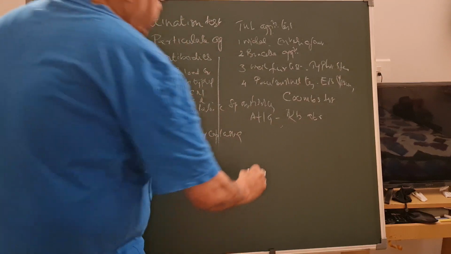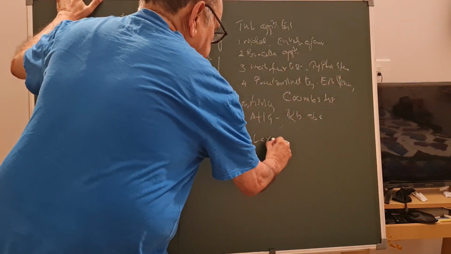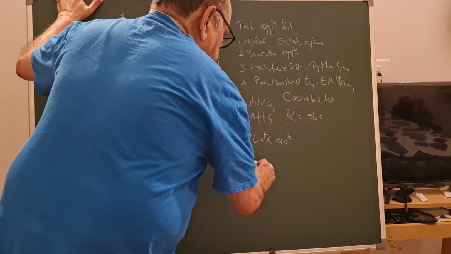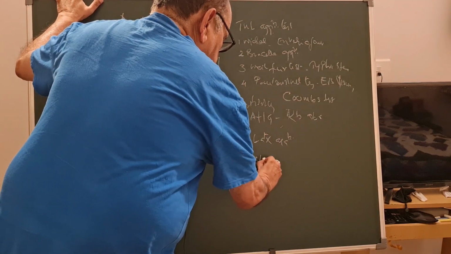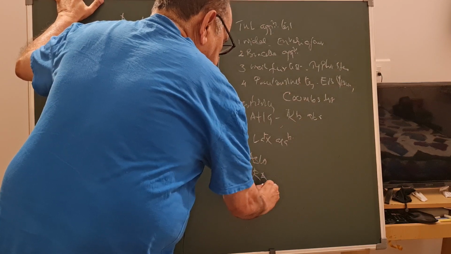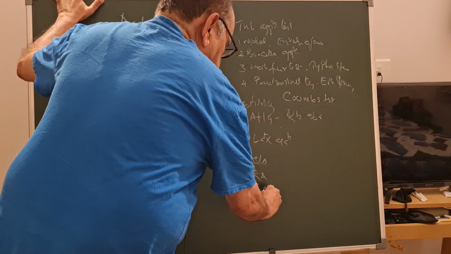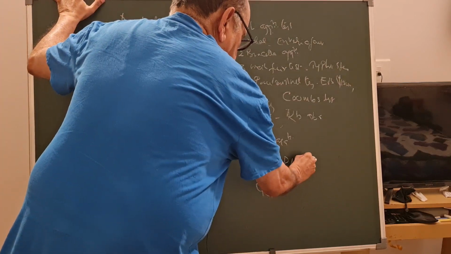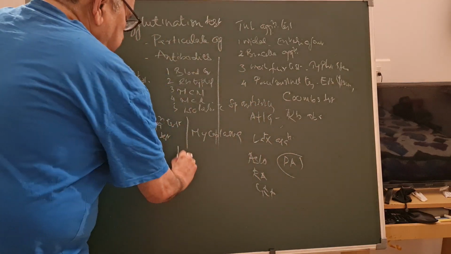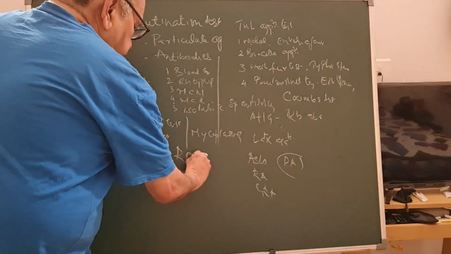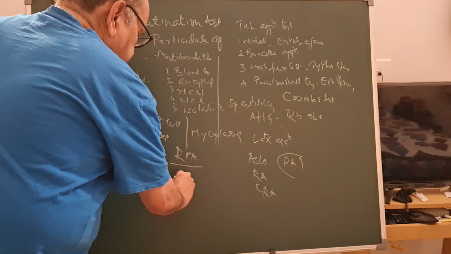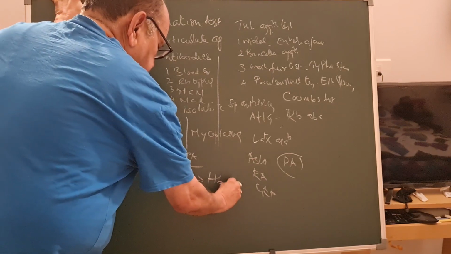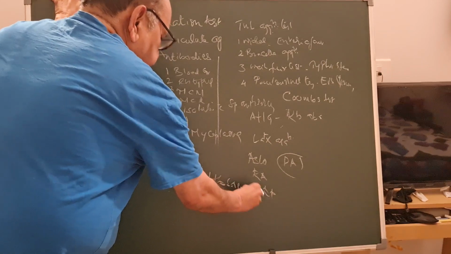Then passive agglutination test, also called latex agglutination test: ASLO, RA, CRP. These are called passive agglutination tests. Then reverse passive agglutination test is for detection of antigen. This is done for detection of hepatitis B surface antigen.